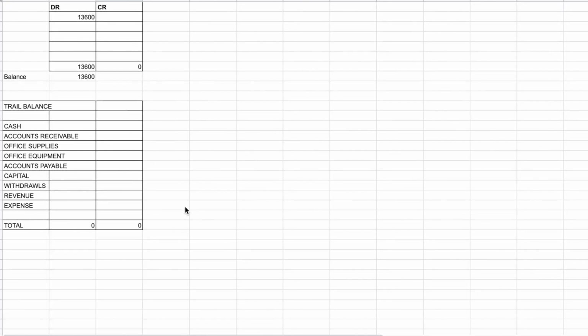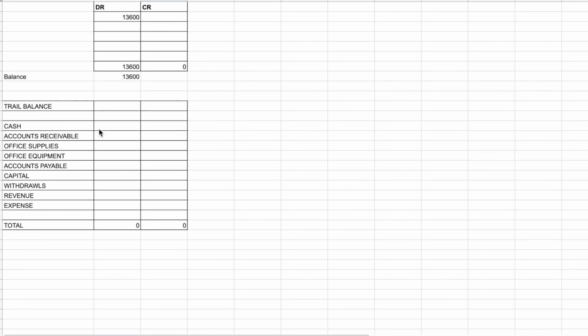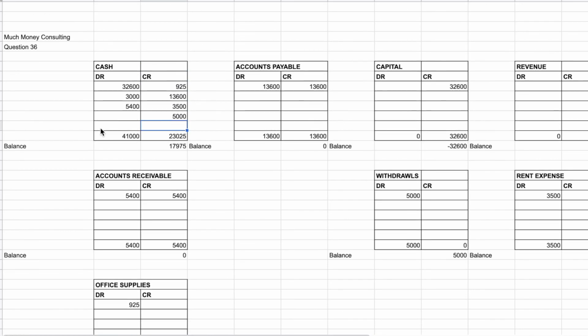So here I have the trial balance. I've listed down all of the accounts. Let me see what the cash balance is. Cash is $17,975, and the balance is a debit balance. Why is that? Because there was 41,000 total there, 23,000.